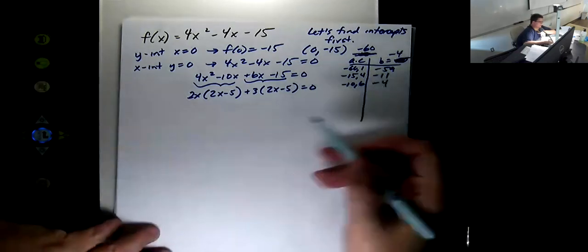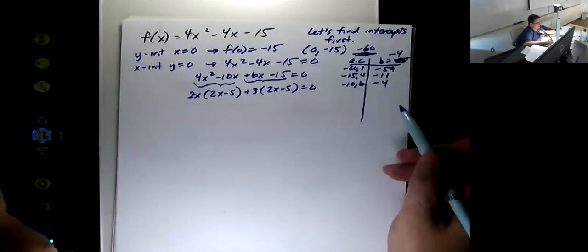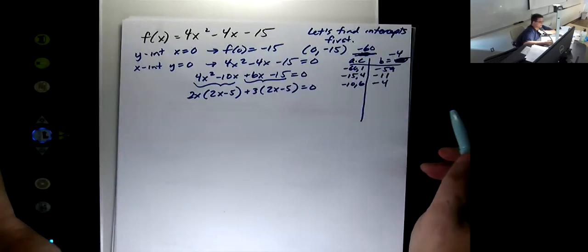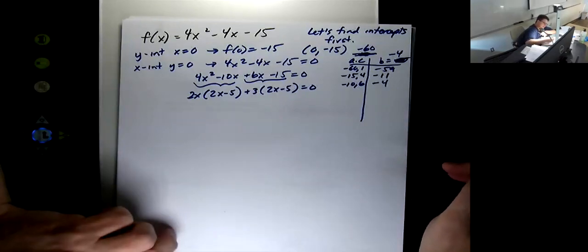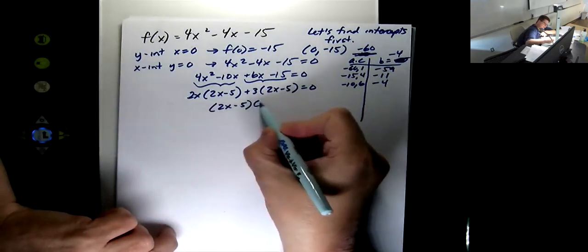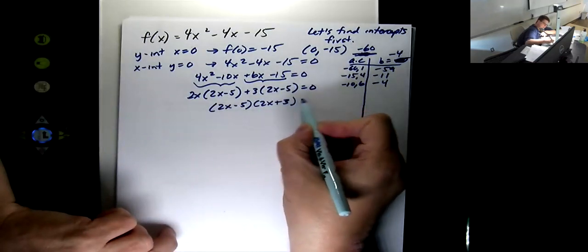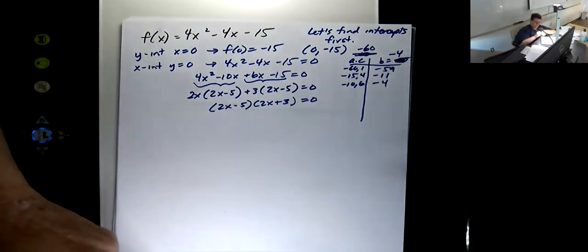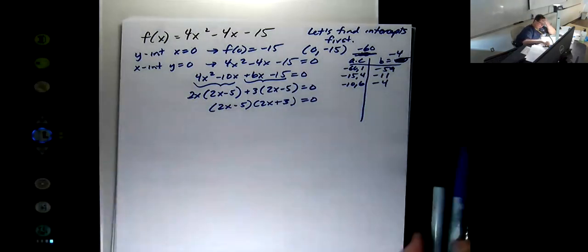Pretty sure you have a problem like solving a quadratic equation on the midterm, so this is like reviewing for the midterm at the same time too. This turns into 2x minus 5 times 2x plus 3. Make sure you keep writing equals 0.